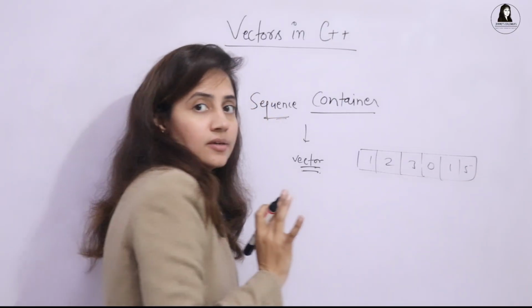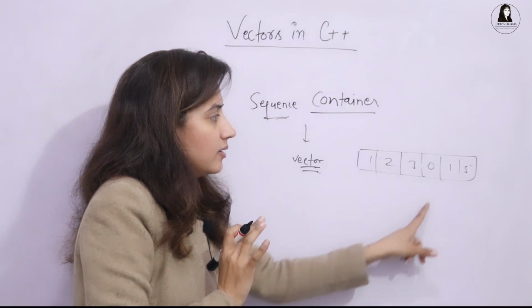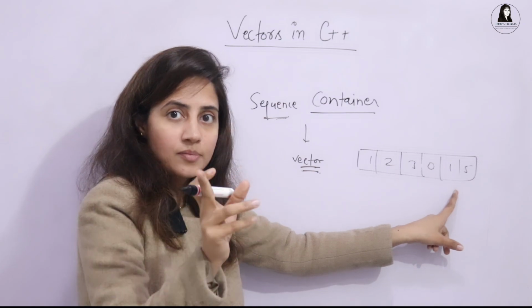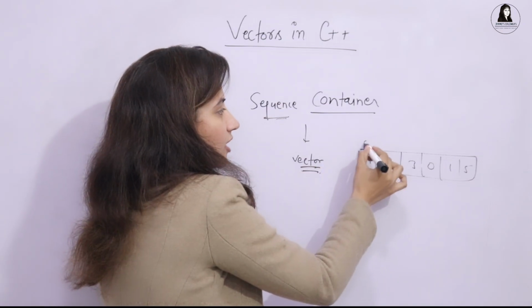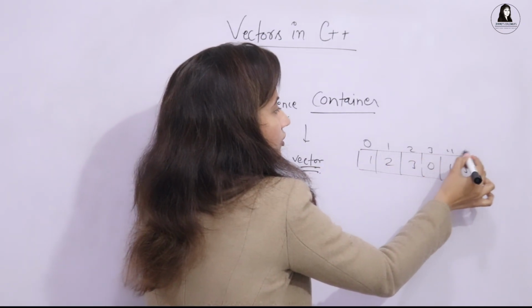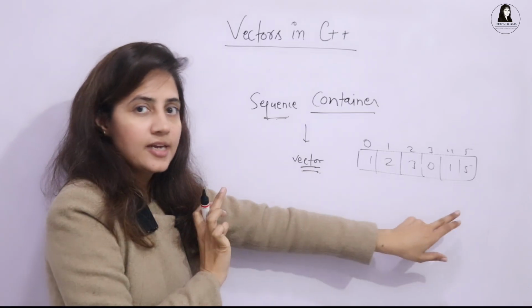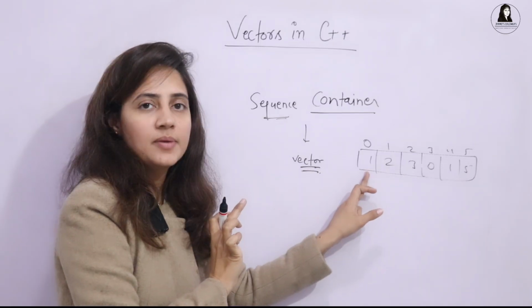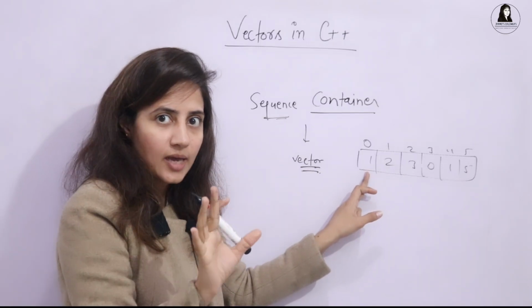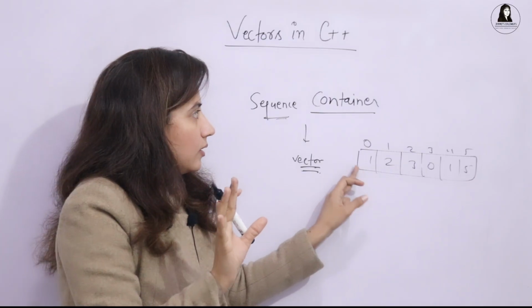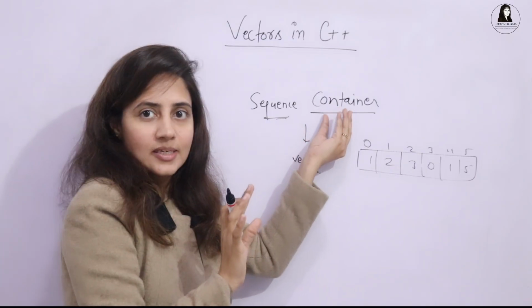And elements can be accessed with the help of their position. Same as an array, index starts from 0, 1, 2, 3, 4, something like this. And the last element is at size - 1 and the first element is at 0. Same as arrays. Right?